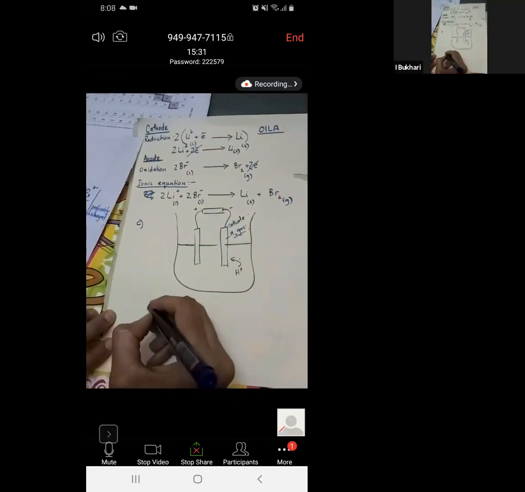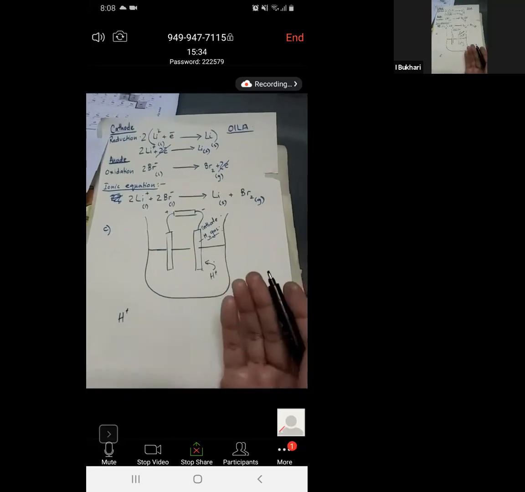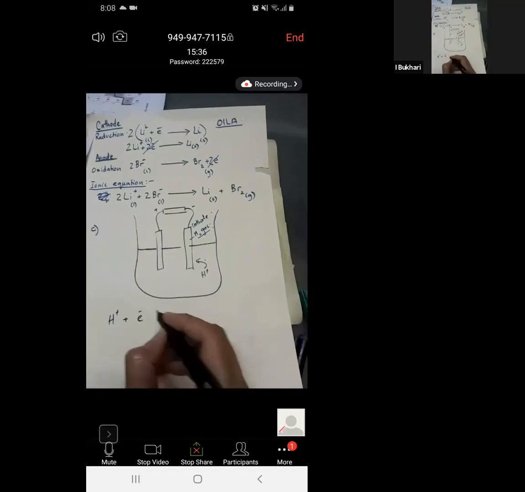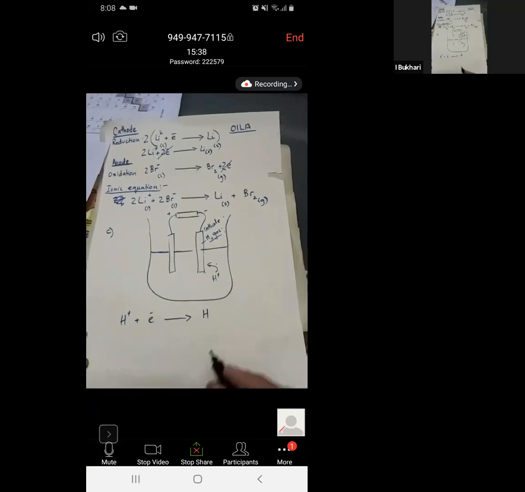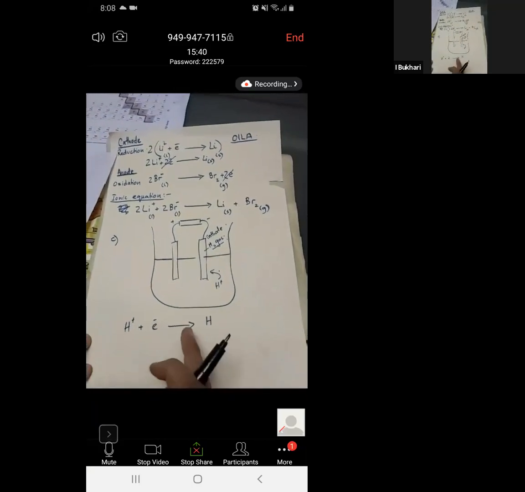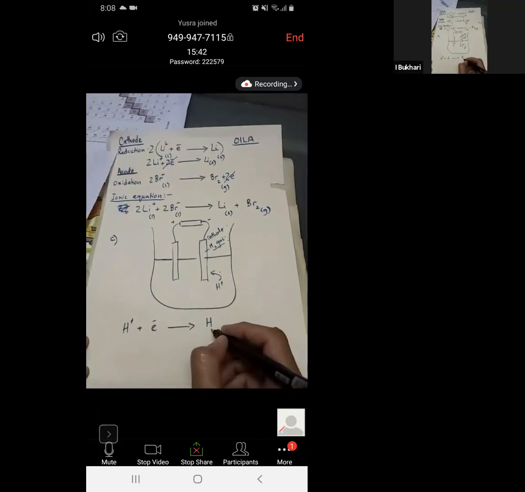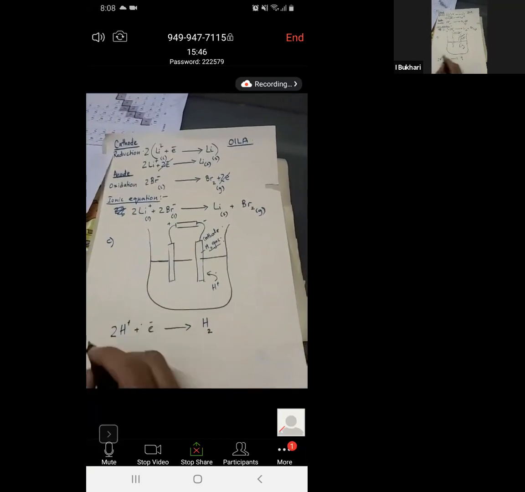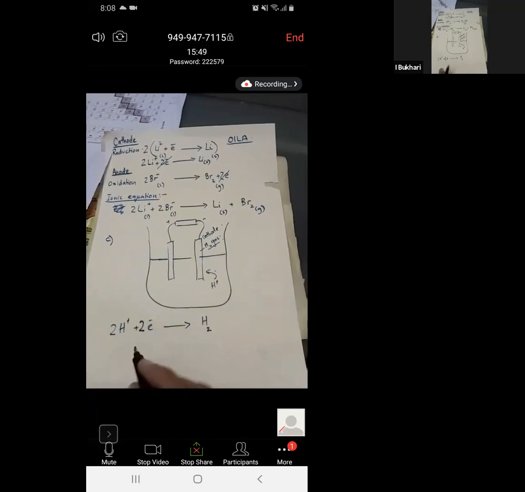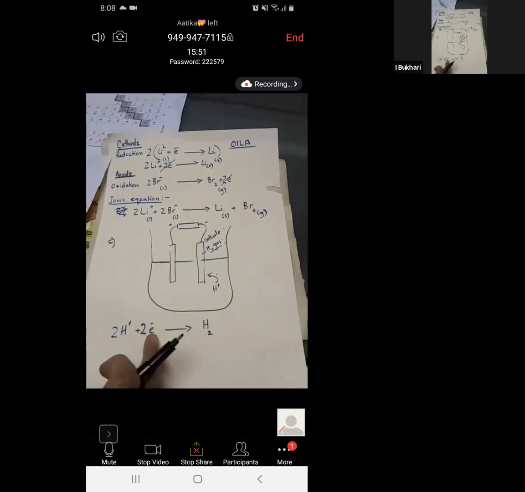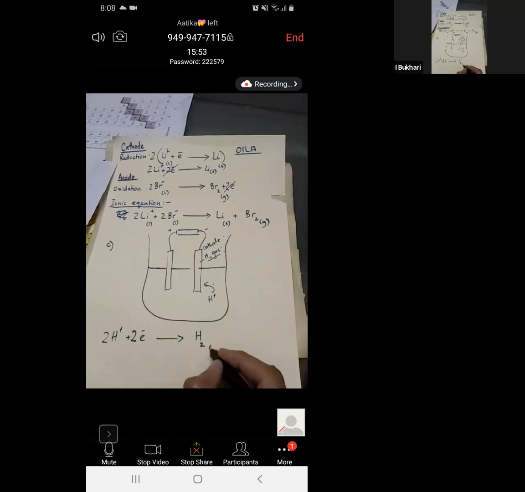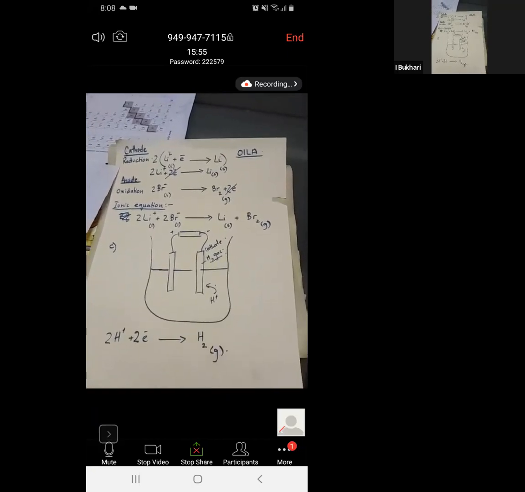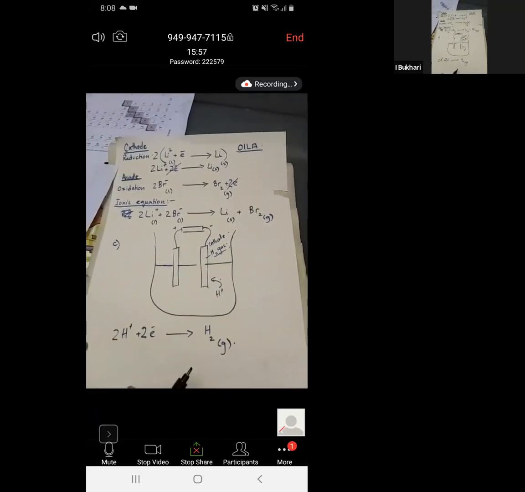The equation is hydrogen ions accepting electrons to form hydrogen atoms, but hydrogen does not exist as an atom. It exists as a diatomic molecule. So for 2 hydrogen ions, each accepting 1 electron, 2 electrons give us 1 molecule of hydrogen gas. This is the equation, right?